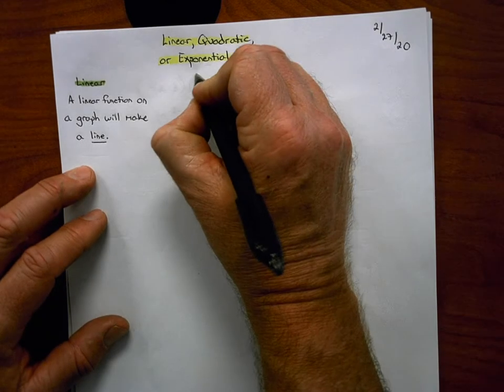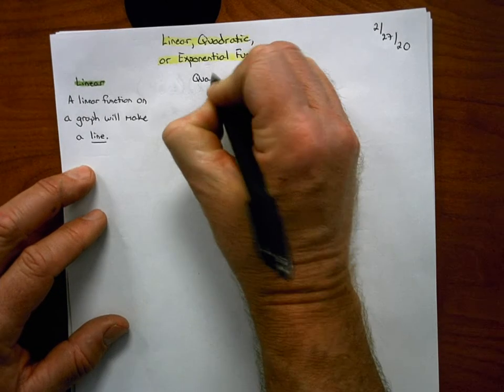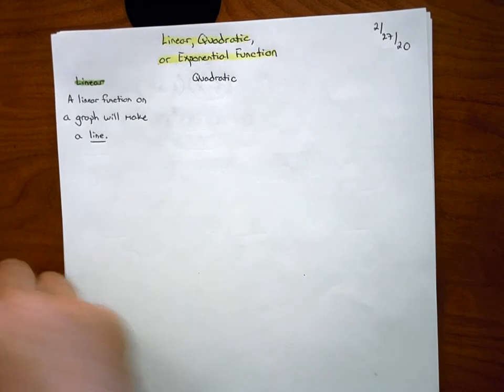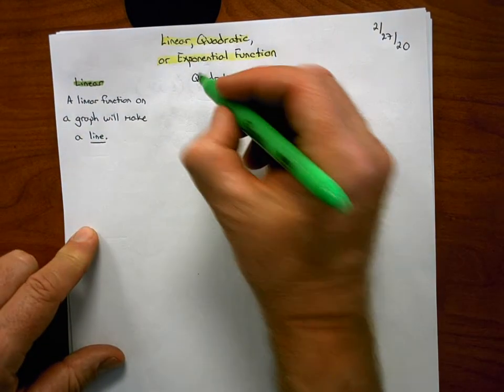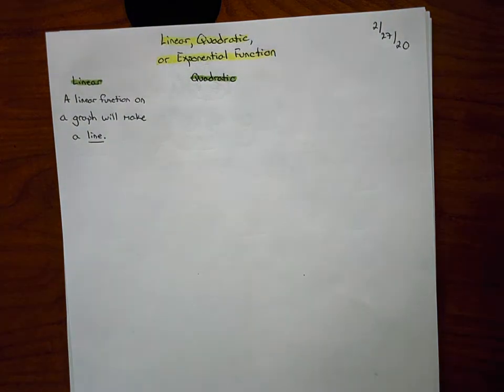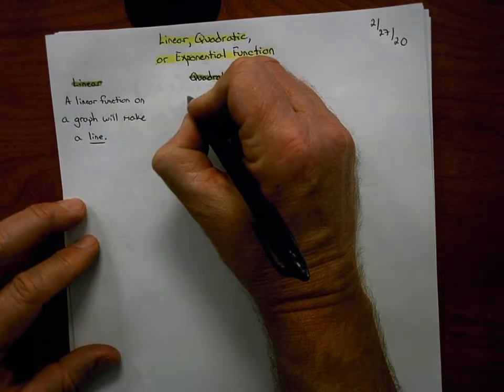Now let's go to quadratic, just so we get an idea of what these look like on a graph. If I took a quadratic function and put it on a graph, what would it look like? A U, which is called a parabola. Excellent.